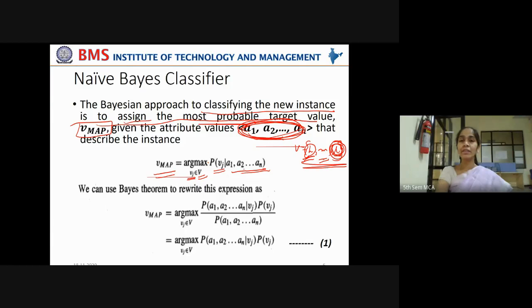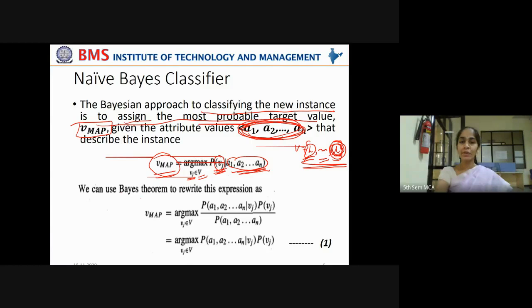The set of attribute values that are given in the new instance. Did you understand clearly? What is the likelihood of this label appearing with the combination of these attributes? What is the probability of this label Vj given the set of attribute values? Whichever has the maximum probability will be assigned as the target label. That is your V map.